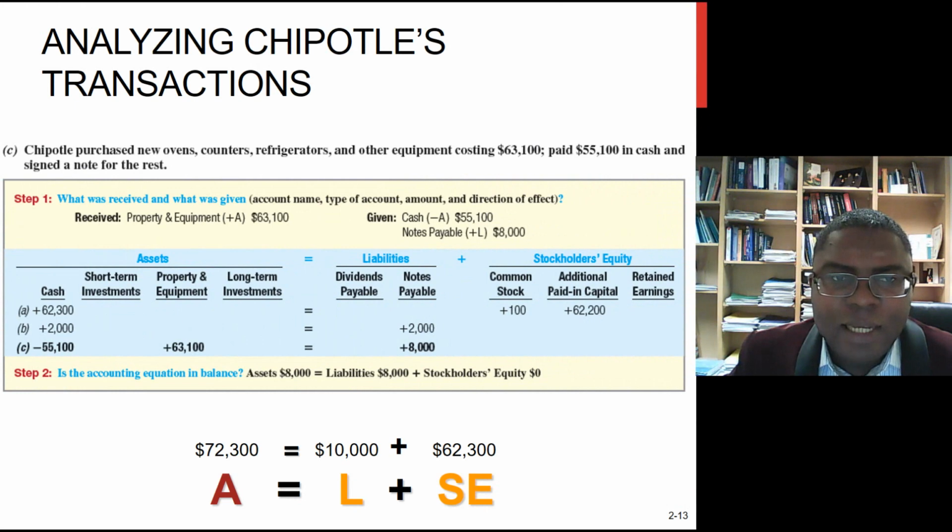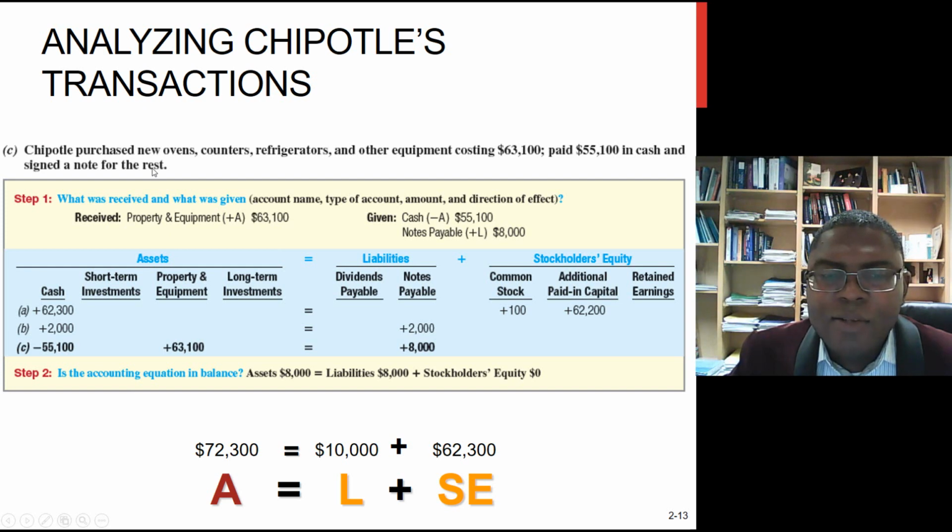We also look at the third transaction. It says Chipotle bought new ovens, counters, refrigerators, and other equipment costing 63,100, but they paid 55,100 in cash and signed a note for the rest.